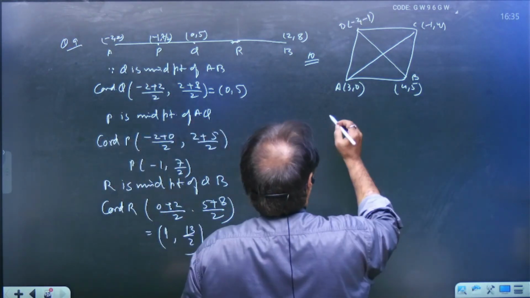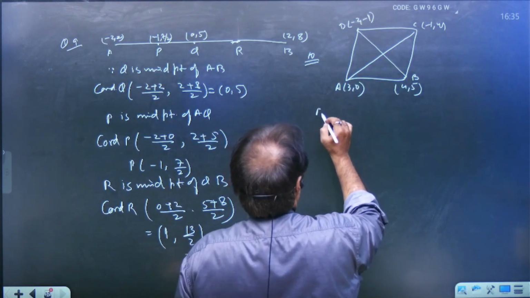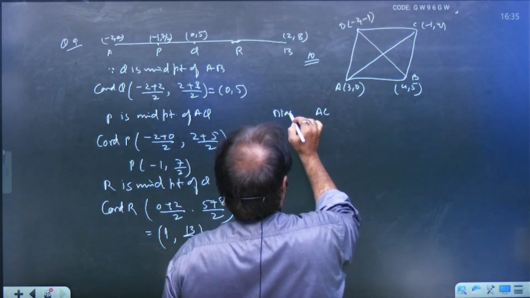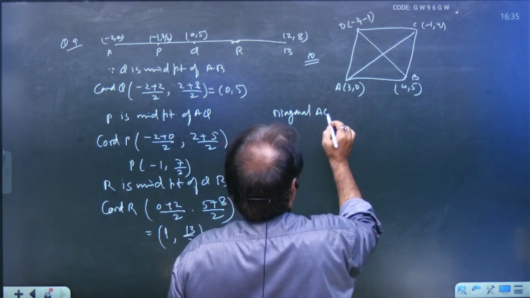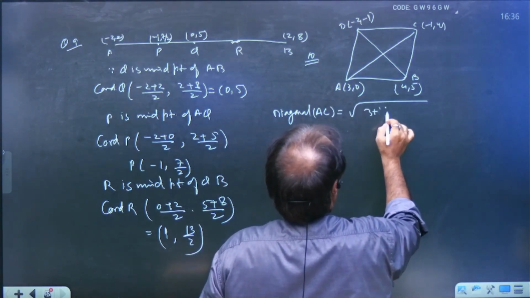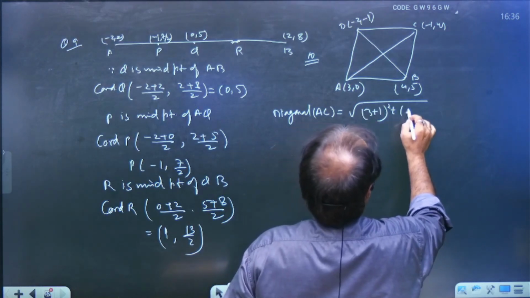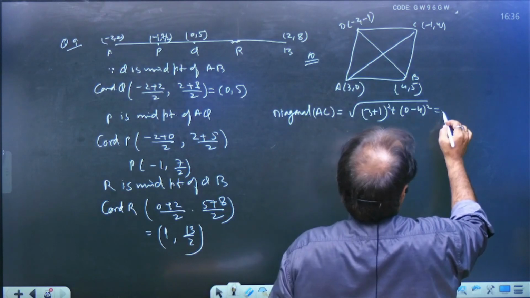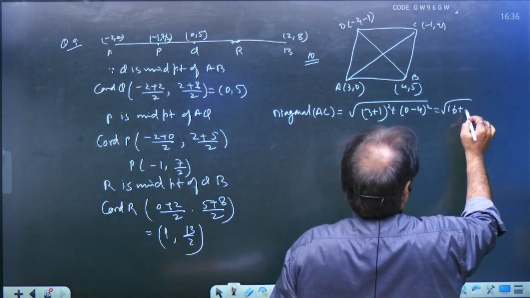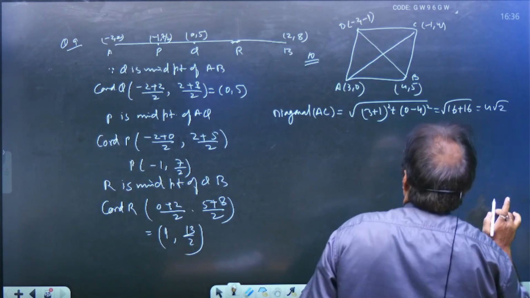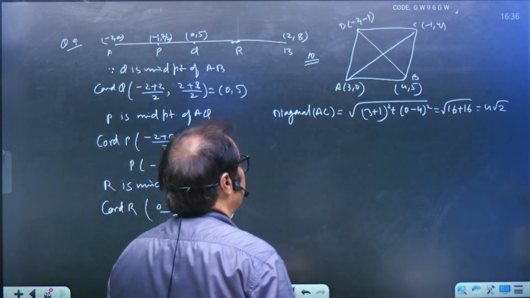So first find the diagonal AC by applying the distance formula. So 3 plus 1 whole square and 0 minus 4 whole square. So 3 plus 1 is 4, 4 square 16, minus 4 square 16. So 16 plus 16 is 32, which means 4 root 2. This is the diagonal AC.